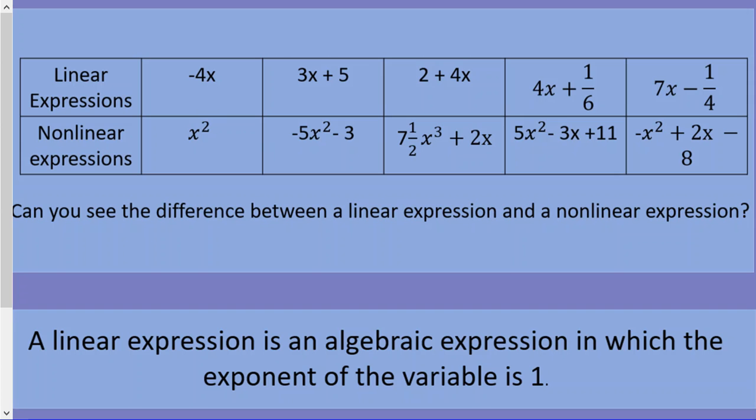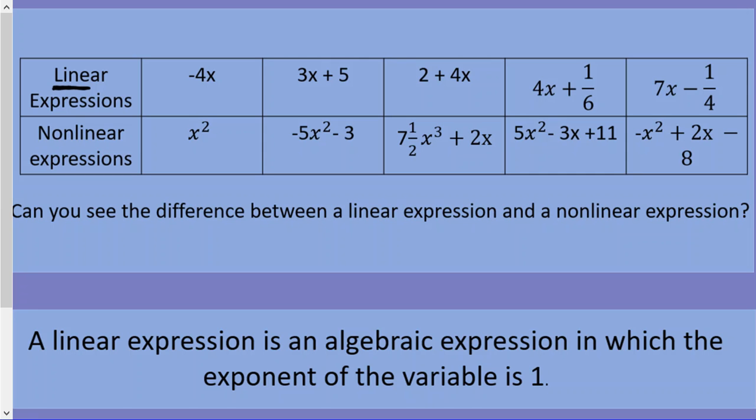So all those x's in the linear expression column have an exponent of 1, and the nonlinear expressions have an exponent with a power of 2 or 3. So that's the difference.